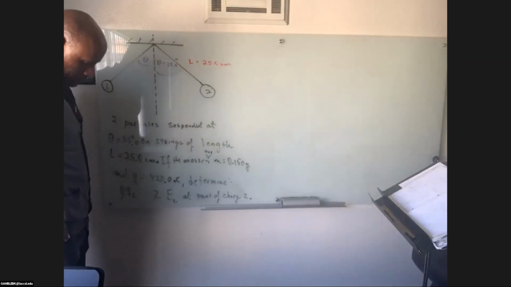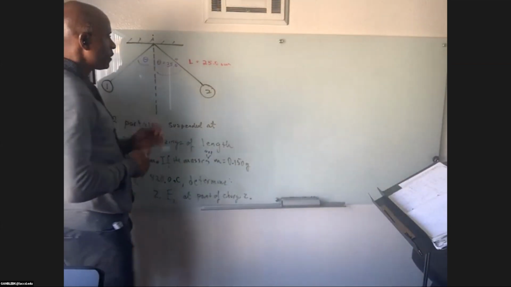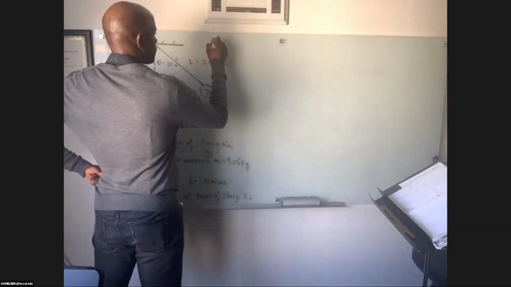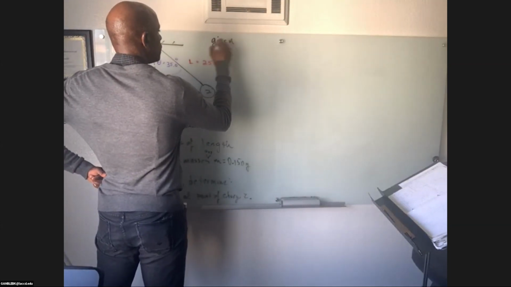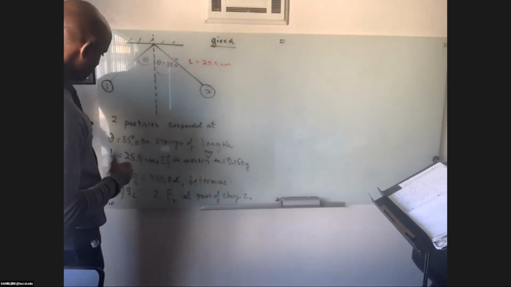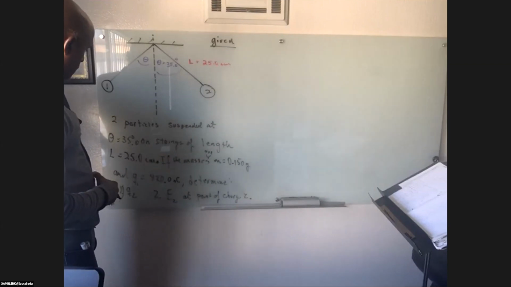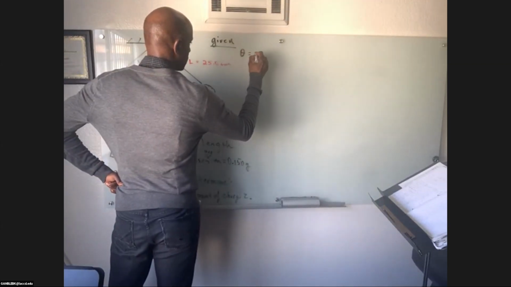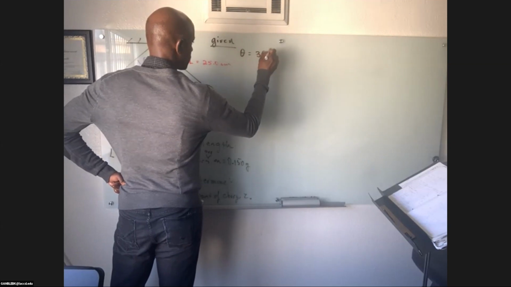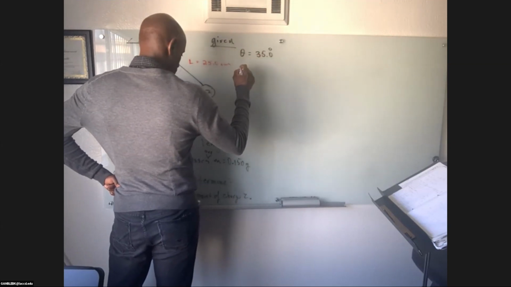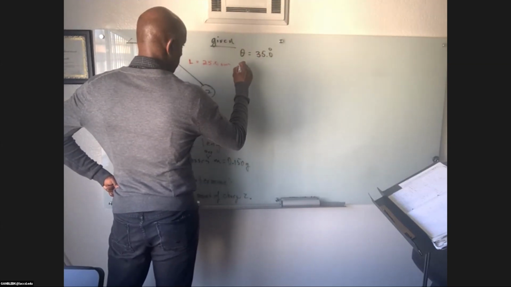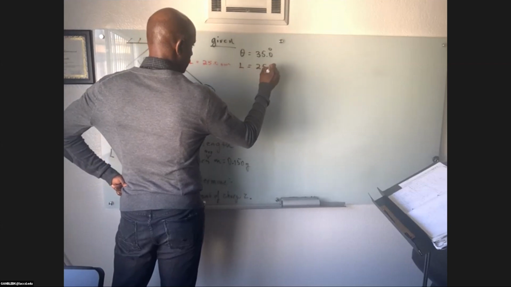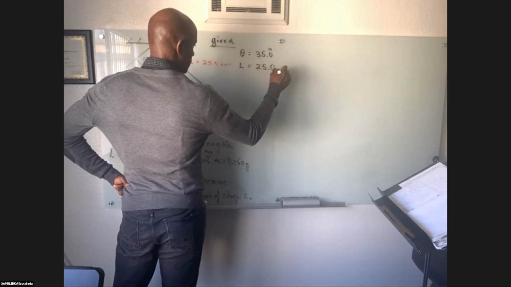All right. Make sure you're moving through this well. So explicit and implicit information. Things are pretty straightforward here. Theta is 35.0 degrees. L is 25.0 centimeters.